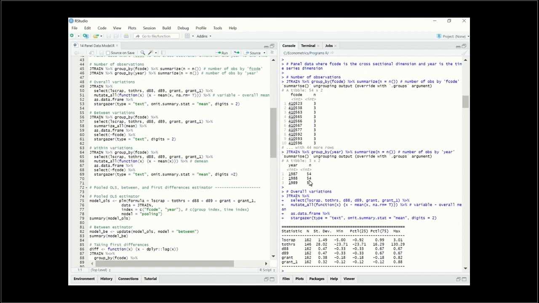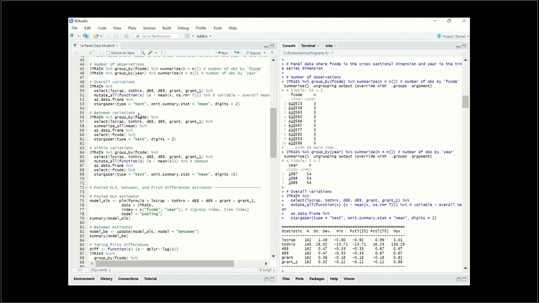These are the firms, and these are the number of years that we have for each firm. Okay, so now what's important in panel data is to summarize the overall variations, the between variations, and the within variation for the data. So the overall variation, again, is the difference of each variable value minus the overall mean.